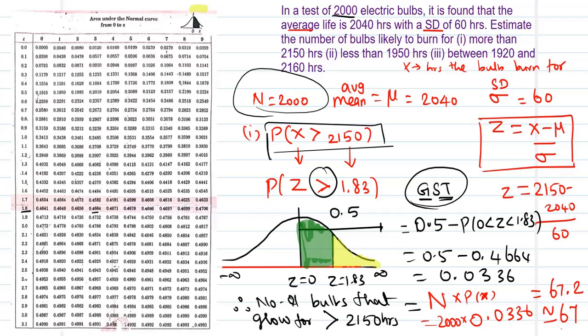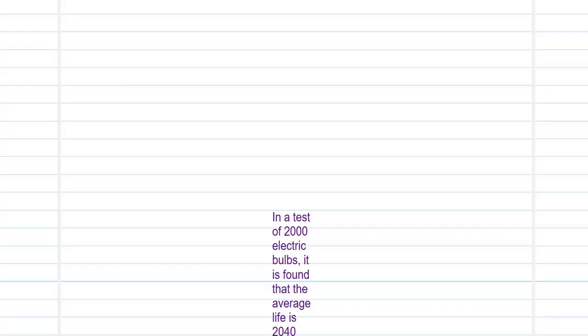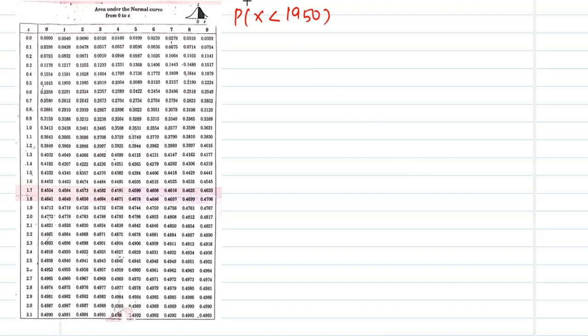Now we will move on to the second subdivision. What is the second subdivision asking us? Less than 1950 hours. So this problem, which is less than in x, has to be converted to less than in z. z is equal to x minus mu divided by sigma.